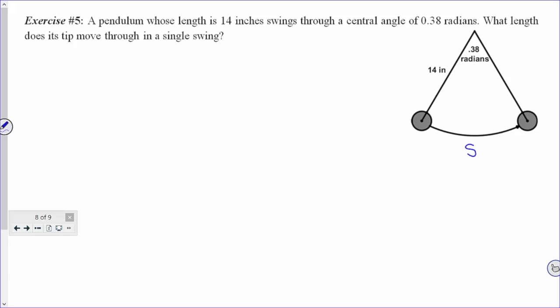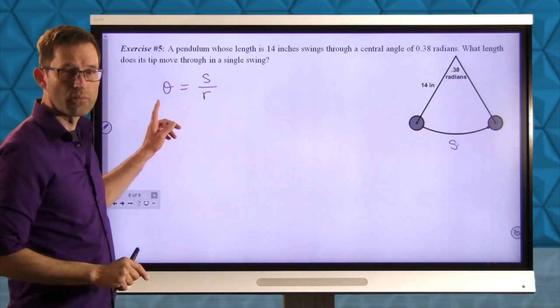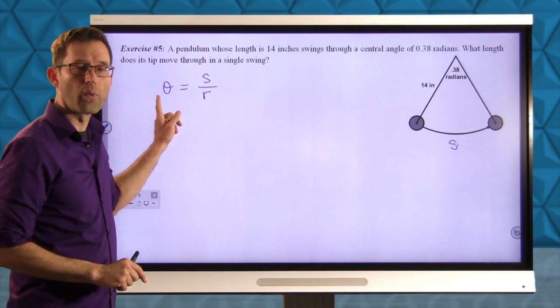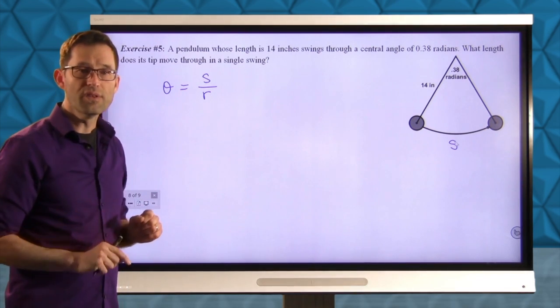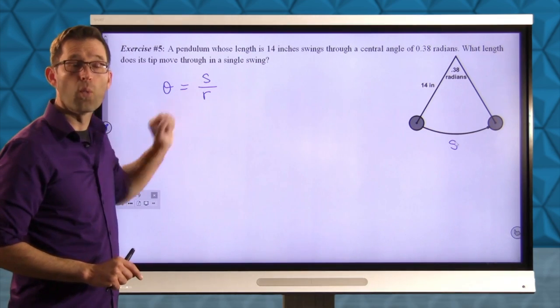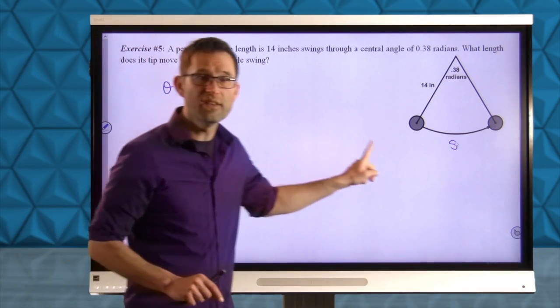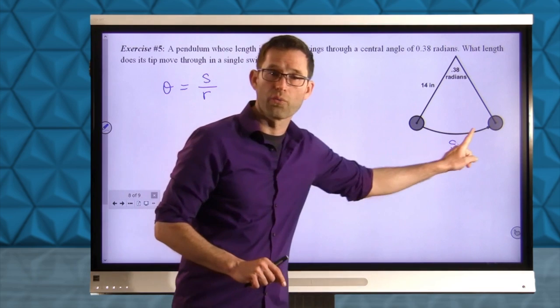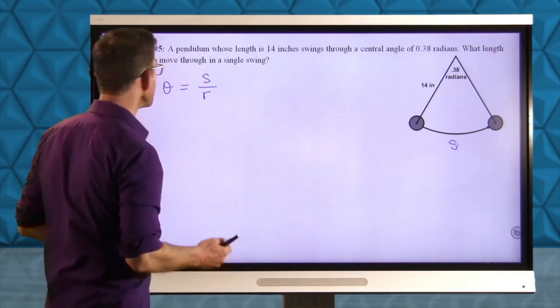So we've got this formula that simply says, look, theta is equal to S divided by R. So far, if we knew S and we knew R, we were able to calculate theta. This time, we know the rotation, we know the radius, we want the arc length. We want to know the distance that the thing has swung through. Now we could substitute the numbers in right now.